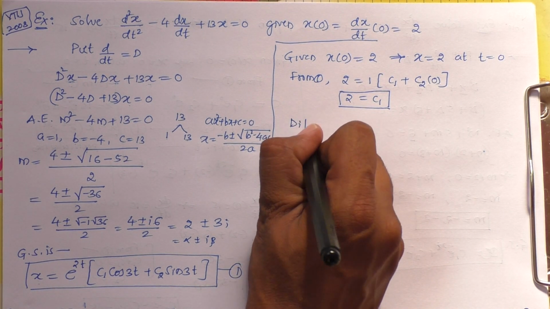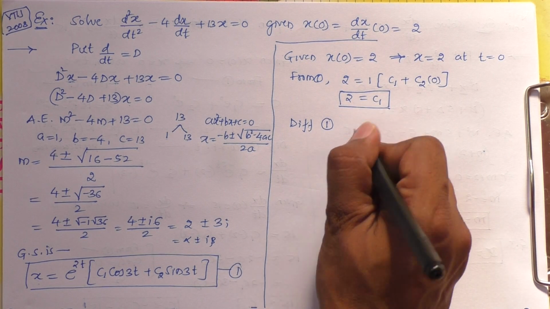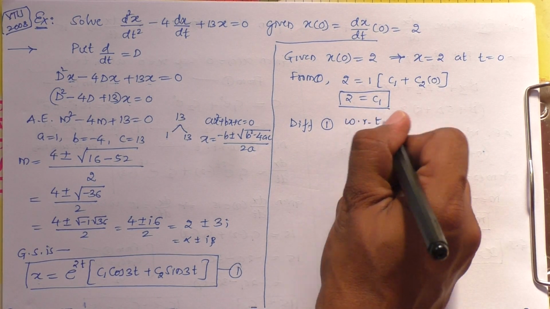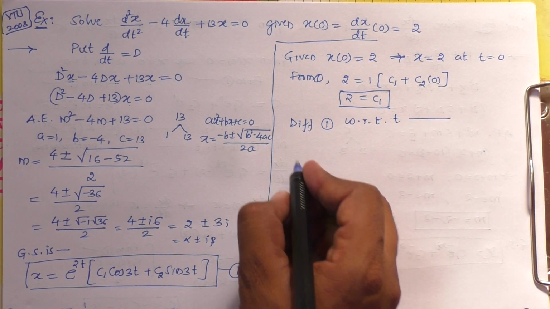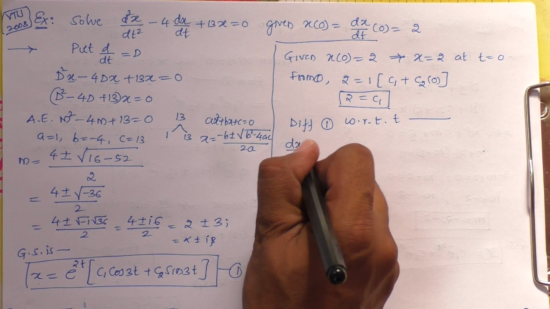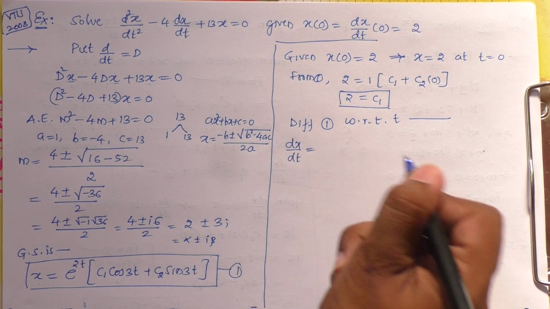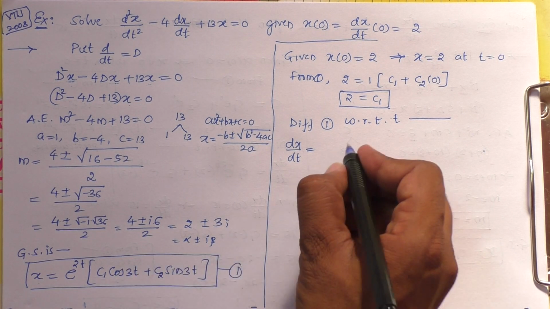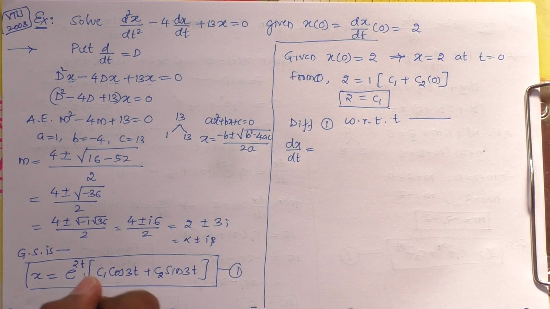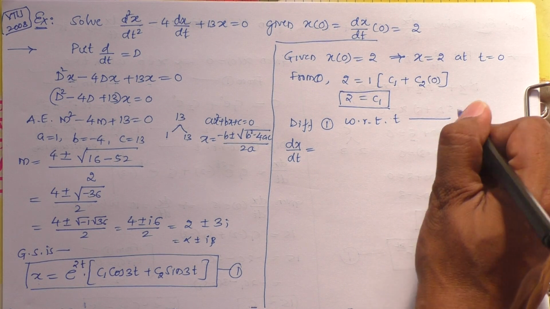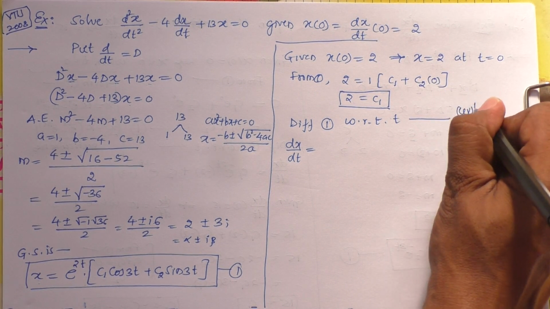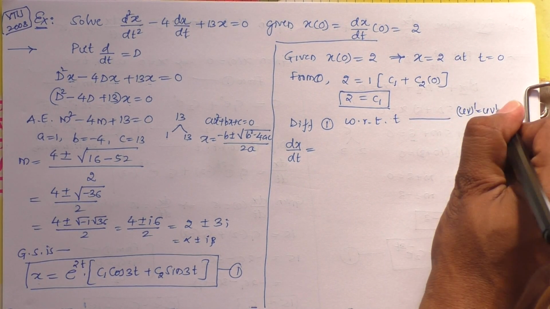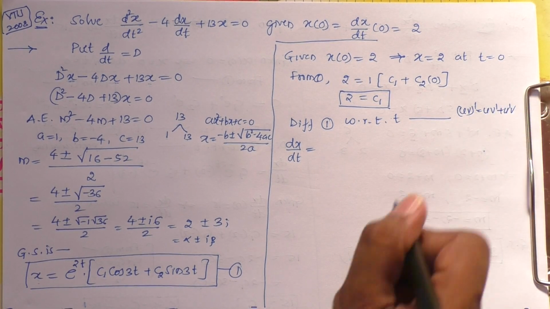So differentiate 1 with respect to t. If you differentiate x, dx by dt is equal to e raised to 2t times a product. If you look at this product of two terms, we know the product rule, u v dash plus u dash v.